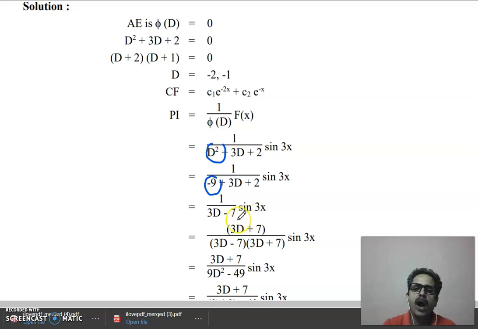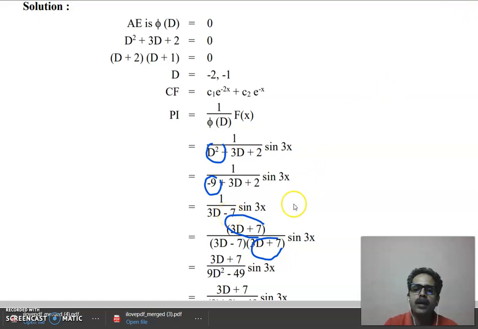Now we need to make rationalization, and here you have to multiply and divide by this quantity. And how to obtain this quantity? This quantity is obtained from the denominator by changing the sign of the second term.